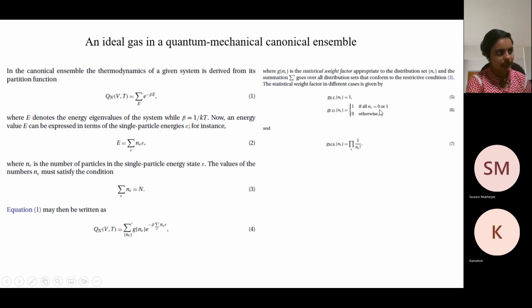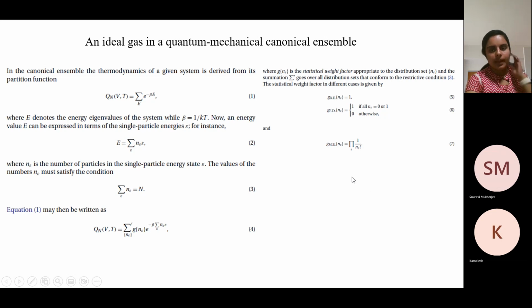You can just have one particle in one single particle state. And if that's not the case, then this becomes 0. This basically tells you that these are fermions where N_i can take only values 0 and 1, and because they're indistinguishable, the numbering of the particles doesn't matter. So that means the statistical weight factor in that case comes out to be 1, right?